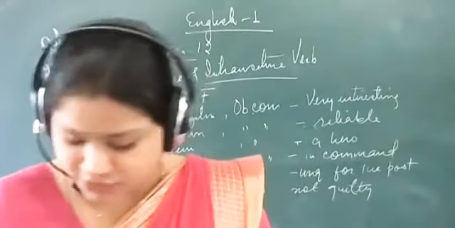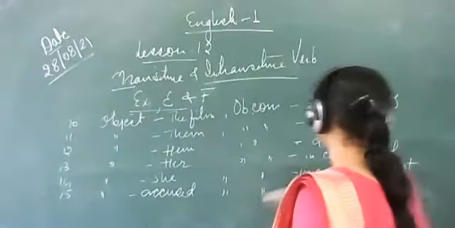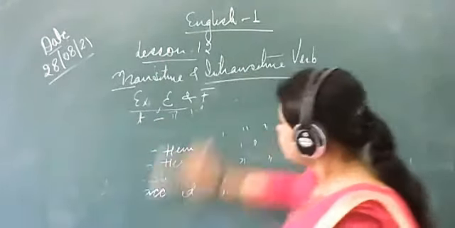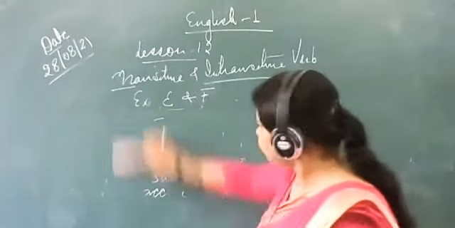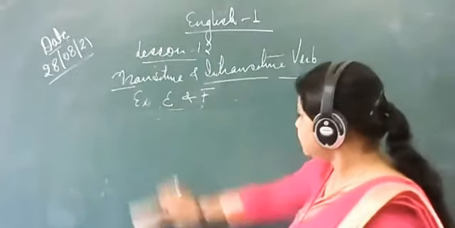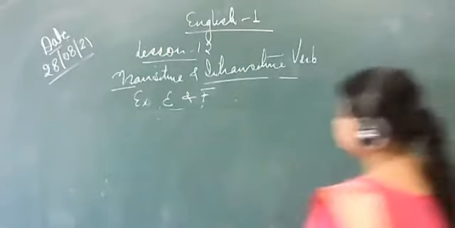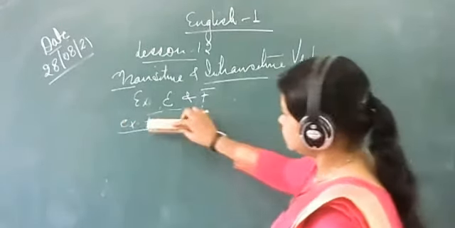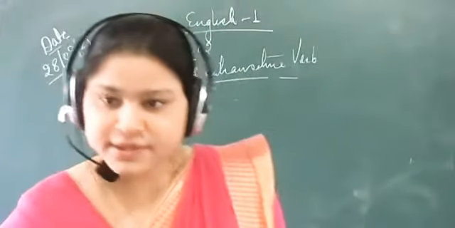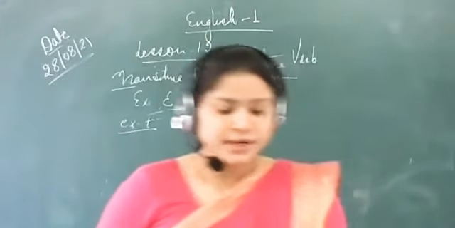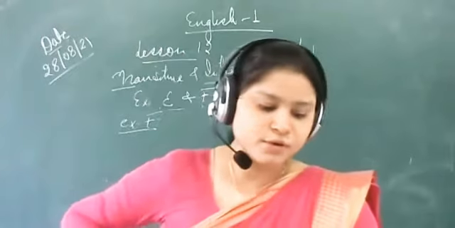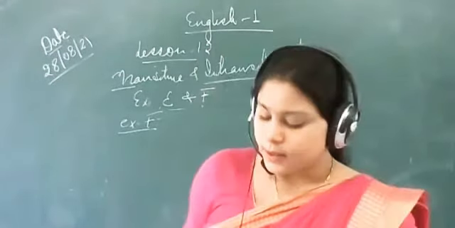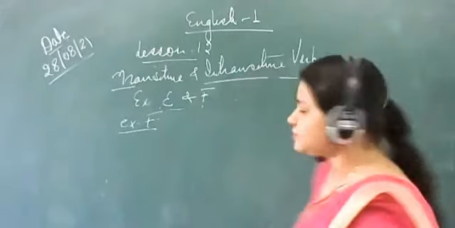Now we're going to move towards the next exercise, that is exercise F. Students, here in exercise F, just read that identify the subject, verb, direct object, and indirect object in each of the sentences given below. Okay, so here four things you have to identify.